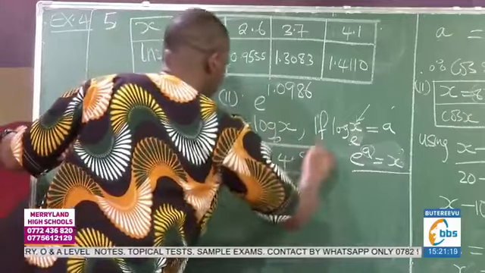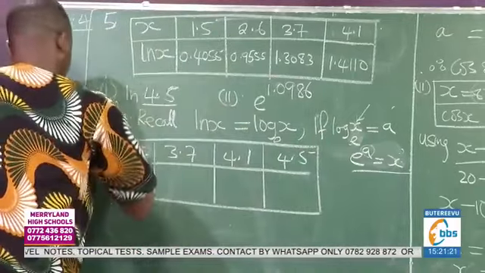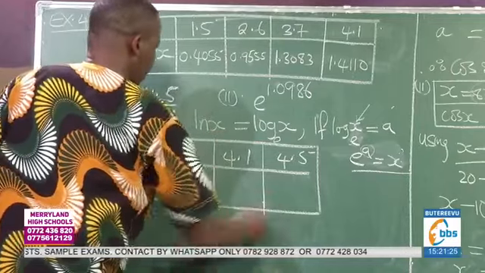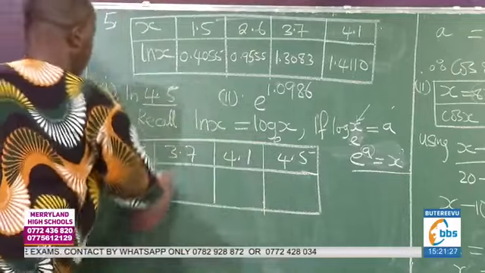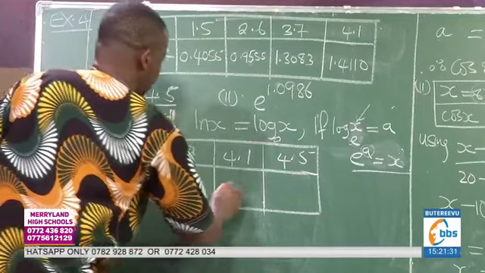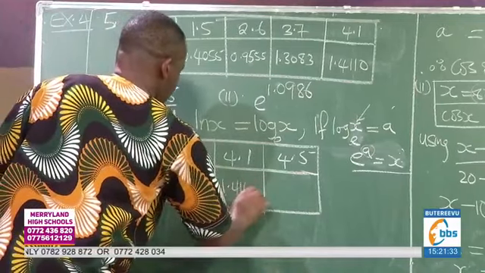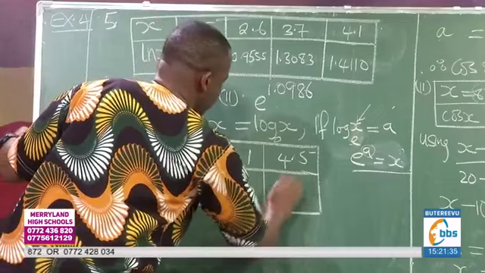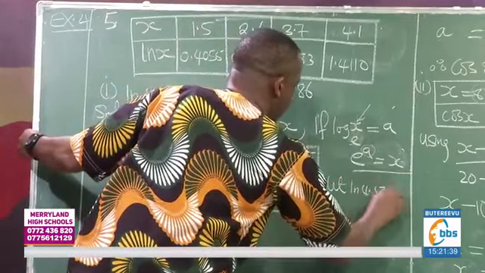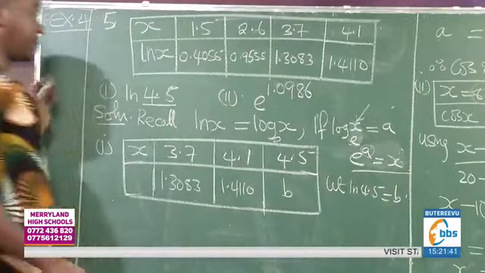That will be the part of the table that we shall extract, and then we pick the ln of 3.7 is 1.3083, 4.1 is 1.4110, and let the ln of 4.5 be equal to b. We are supposed to look for b.